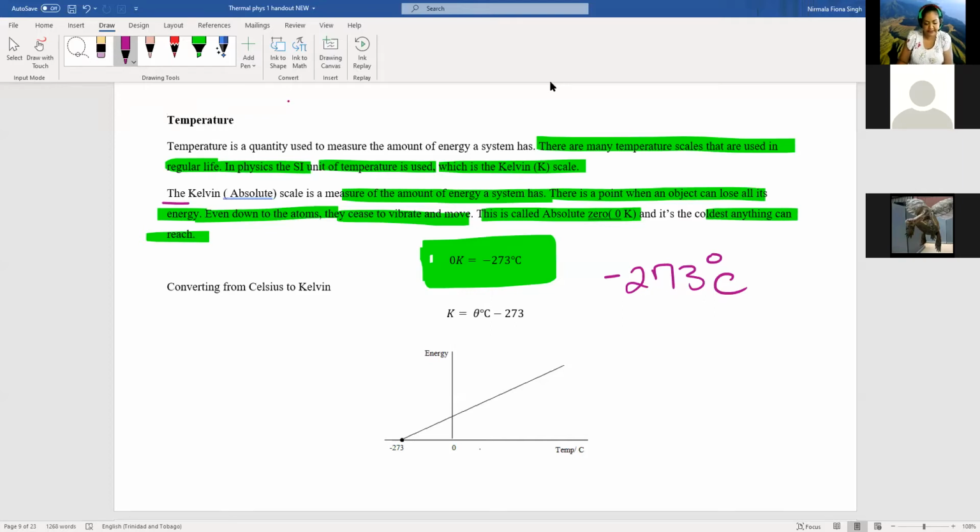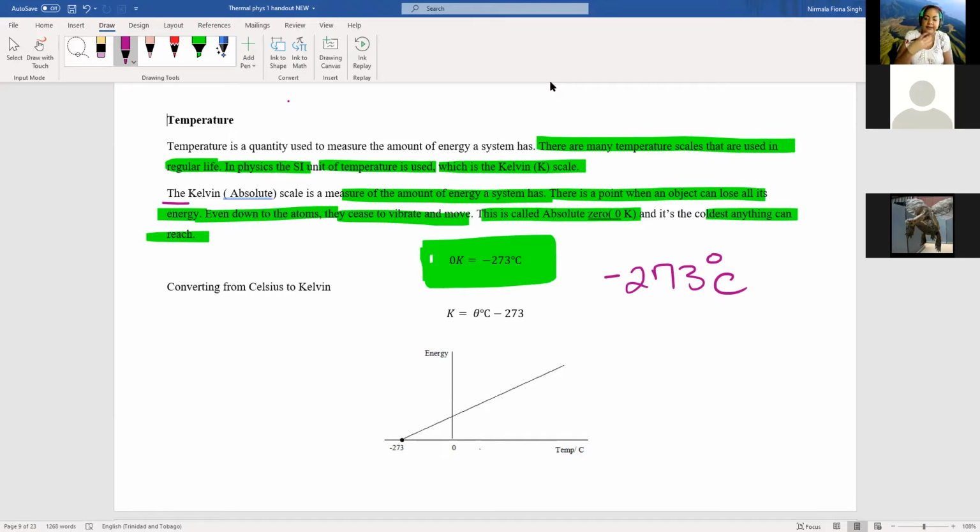That means the electrons are no longer moving, the protons are no longer vibrating in the atom, and all of the small subatomic particles have stopped. Everything has frozen, because we have pulled out every single ounce of energy.